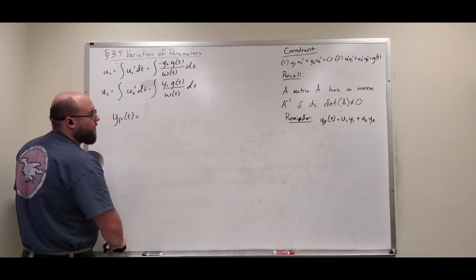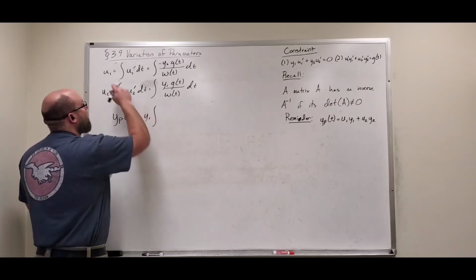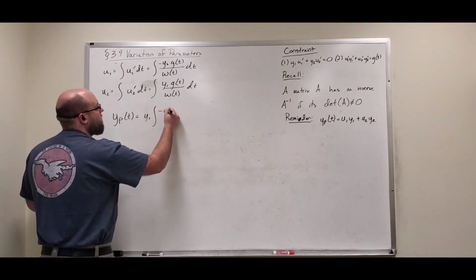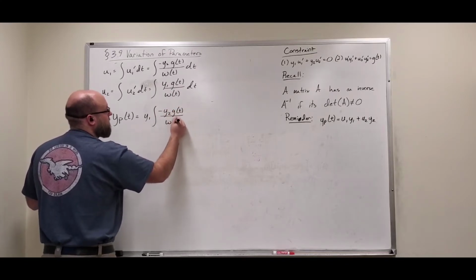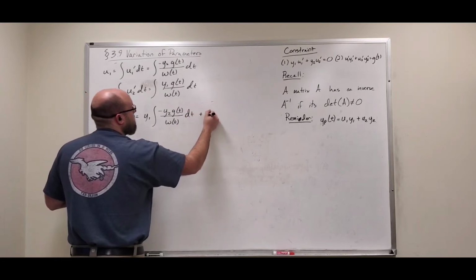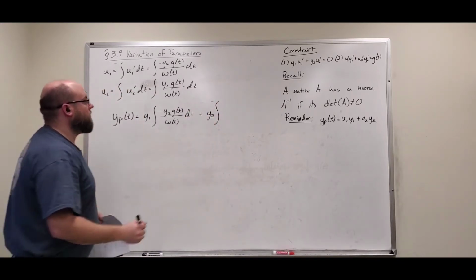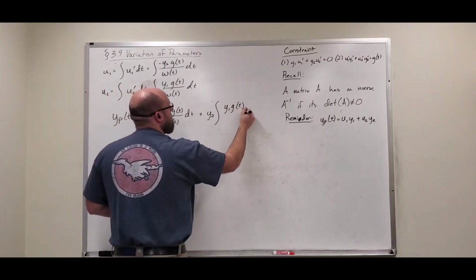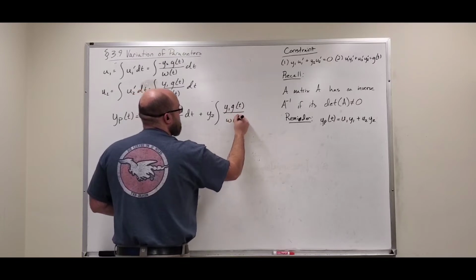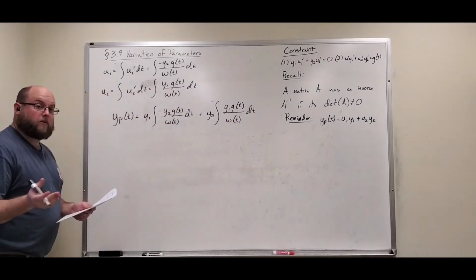So u1 y1, so I'm going to have this y1 out in front, times the integral of u1 prime, which is negative y2 g of t divided by our Wronskian, plus y2 times u2, which is the integral of y1 g of t divided by our Wronskian. All right, and that is our particular solution.